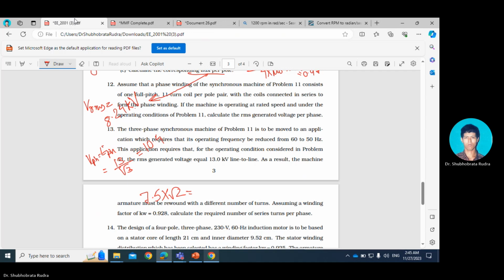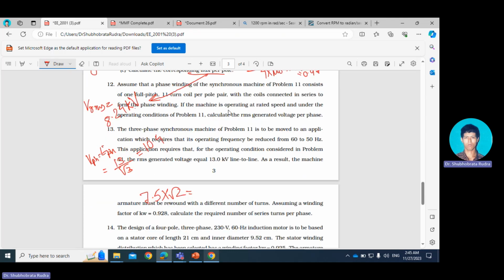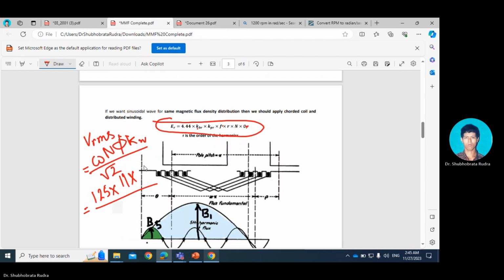So your n value is given 11 turns coil per pole pair. Into flux phi, how much is it? 0.937, I suppose. So KW, leave that KW part. So what should it give us?